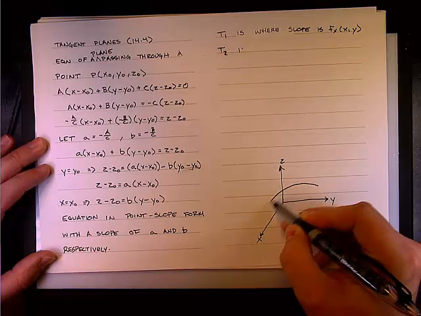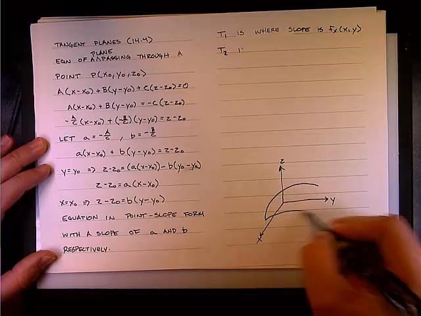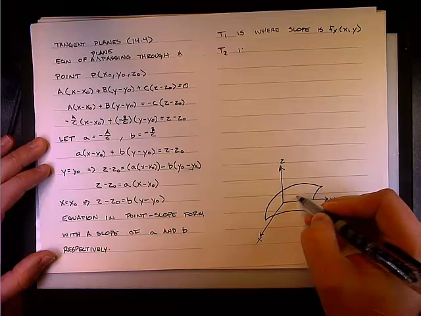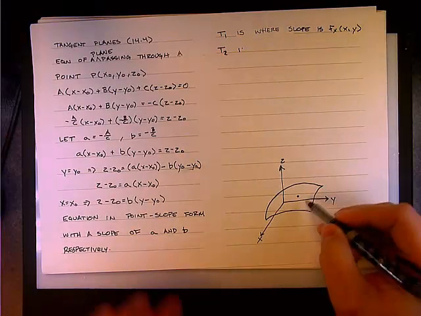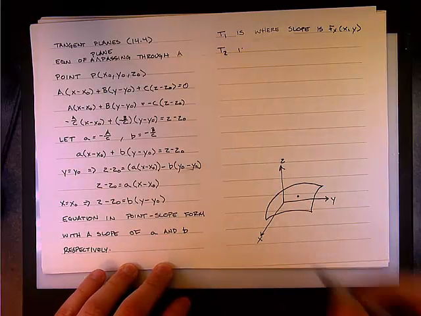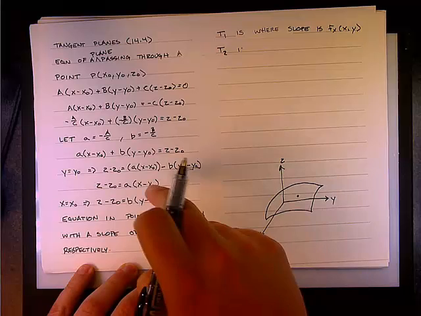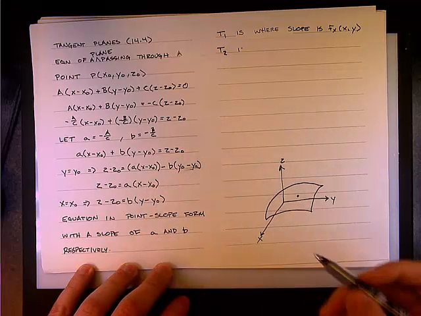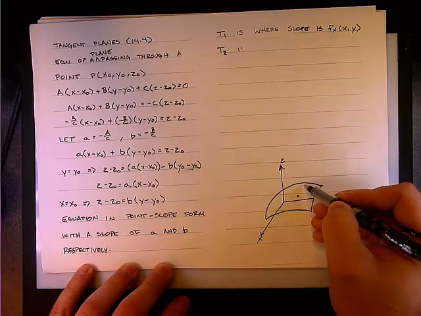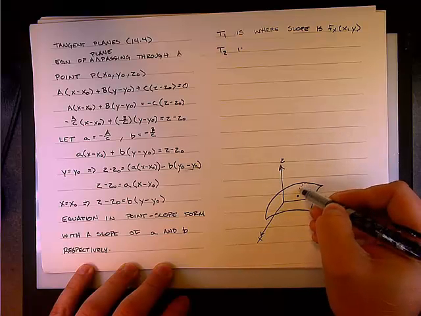So we have our graph, and we have our generic surface S. And we have a point on the surface, and that point is our P, x naught, y naught, z naught.